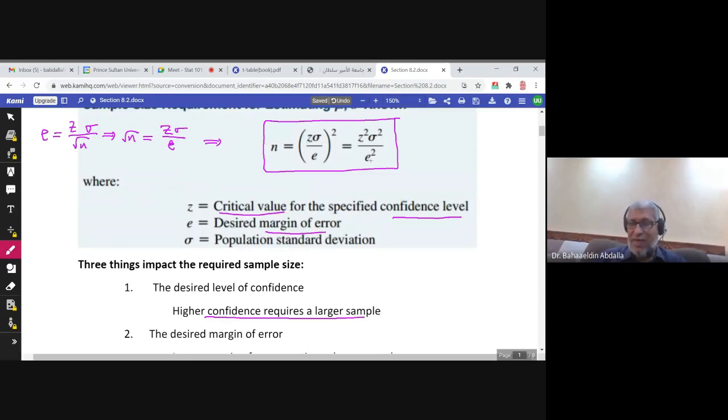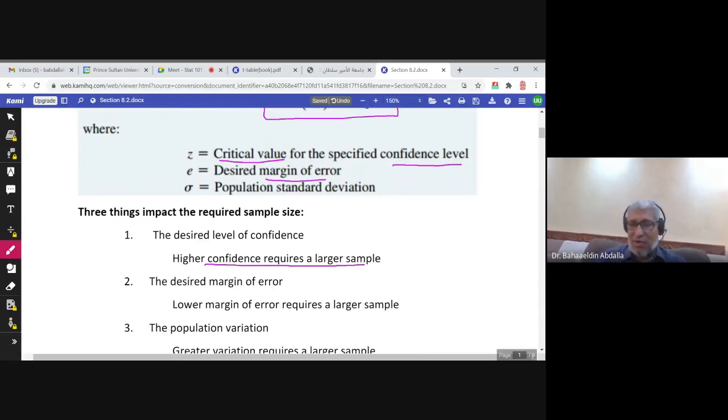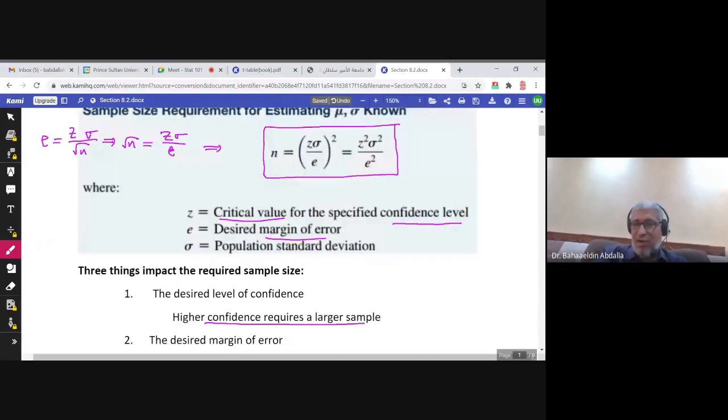So if you increase e, the sample size will be decreased. If you decrease e, if you lower the margin of error, the sample size would be increased. So that's the formula.